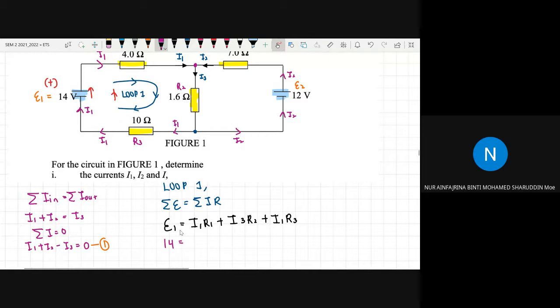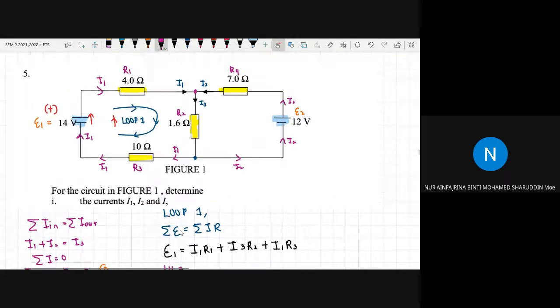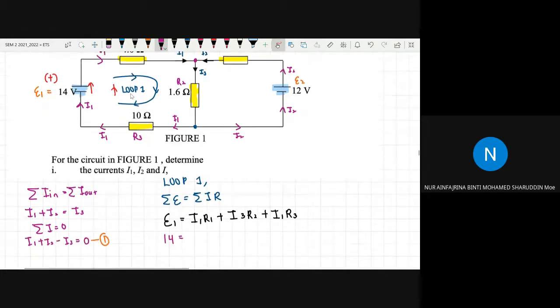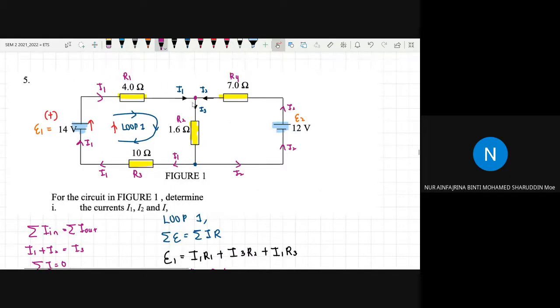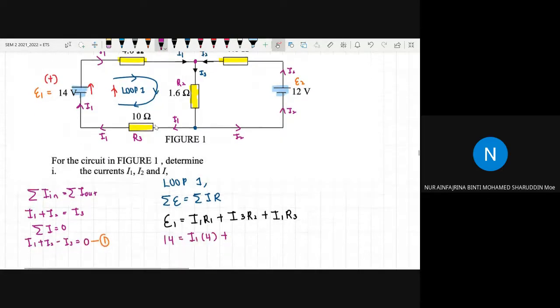So EMF 1 kita adalah positif 14. So current kita, check direction of current with loop. Wajib. So current 1 ke kanan untuk lalu resistor 1, loop pun ke kanan. Therefore dia adalah positif. So dia adalah I1 darab dengan 4 tambah current 3. Current 3 kita ke bawah bila lalu resistor 2, loop kita pun ke bawah. Jadi dia adalah positif. So dia akan jadi I3 darab dengan 1.6.